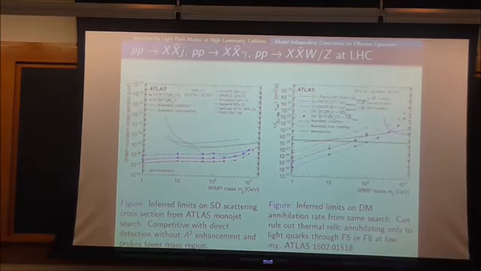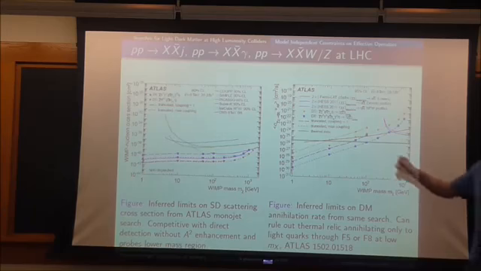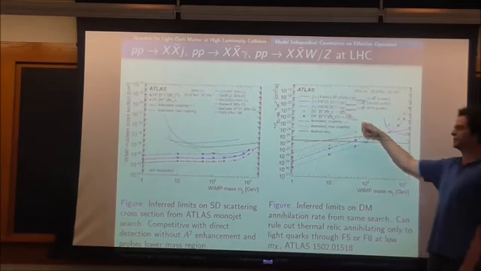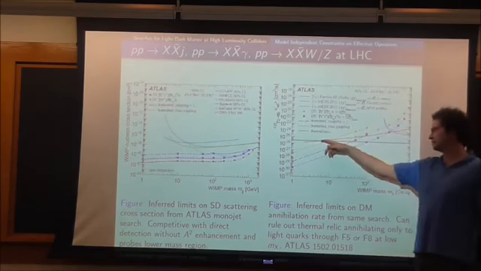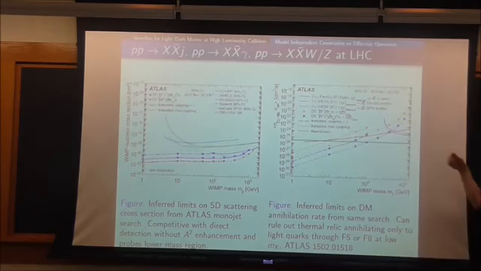Similarly, if you're annihilating through an S wave, so these are like the D5 and D8 operators, there were F5 and F8 on the previous slide. This red line is the limit that you get from dwarf spheroidals if you're annihilating to light quarks.